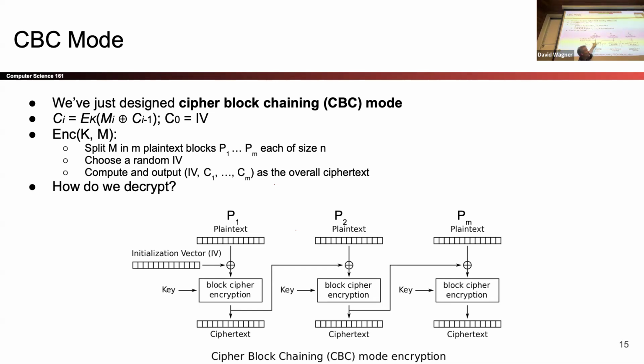And then because Bob knows the initialization vector, you can remove it in the same way you decode a one-time pad: XOR this value with the initialization vector and recover the plaintext. Similarly, Bob can decode this ciphertext and XOR it with the previous ciphertext and get the second plaintext block, and so on. So the recipient can decrypt.